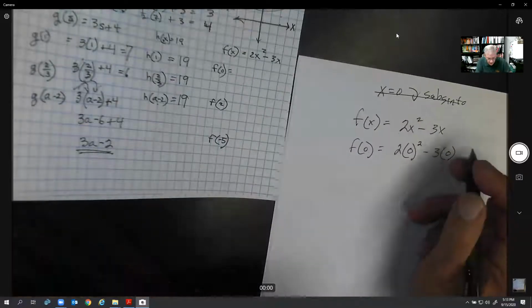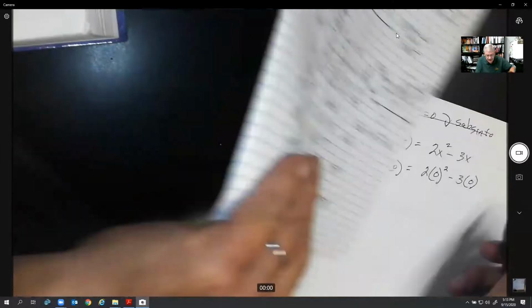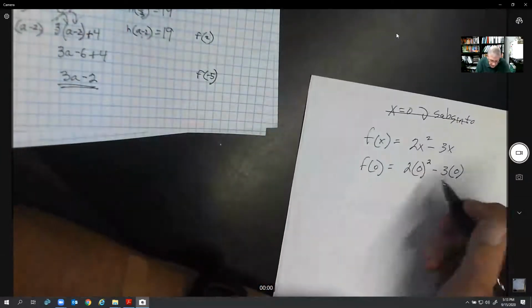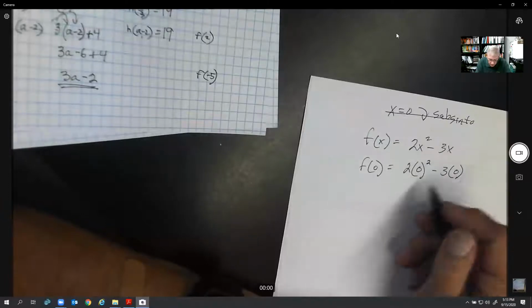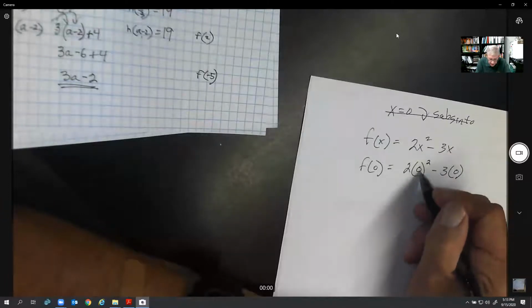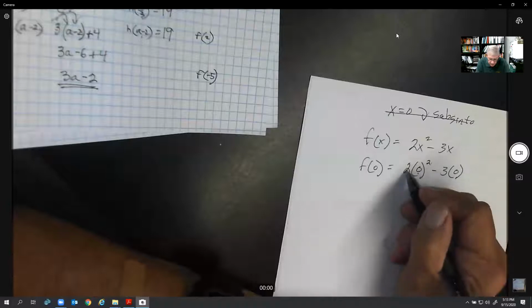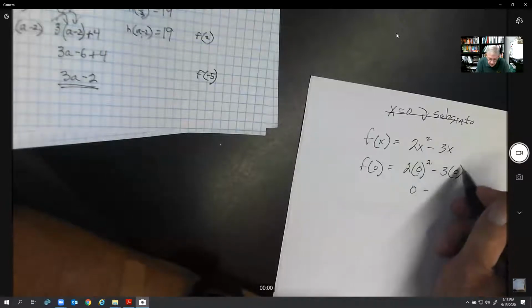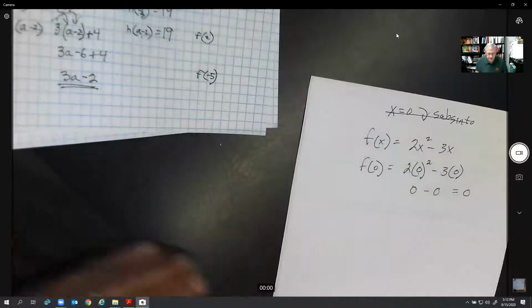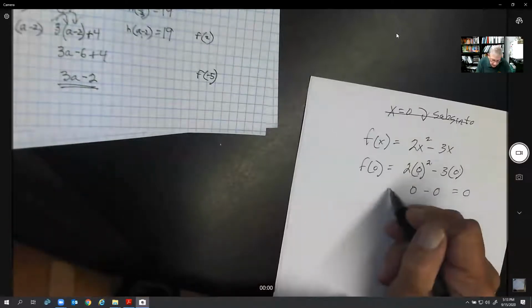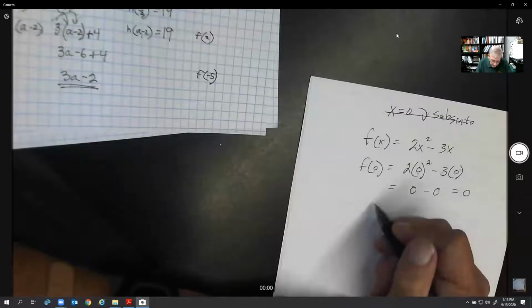It doesn't have to be like we had here. It could be anything. But replace all these variables with zeros. Okay, 0 squared, 0 times 2, 0. Minus 3 times 0, 0 equals 0. So when I put it in, it came out to be 0.